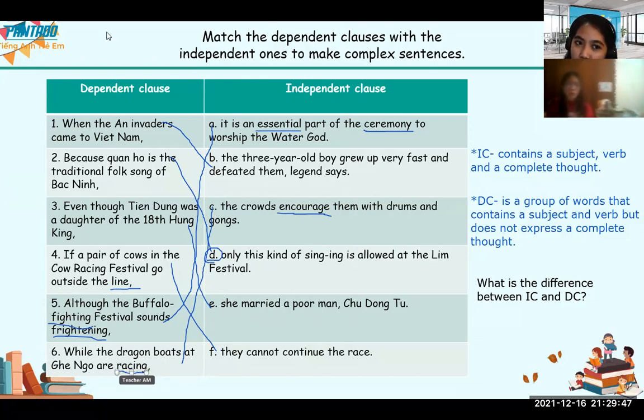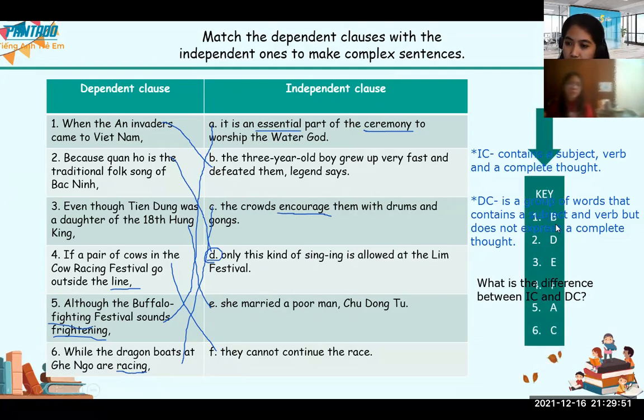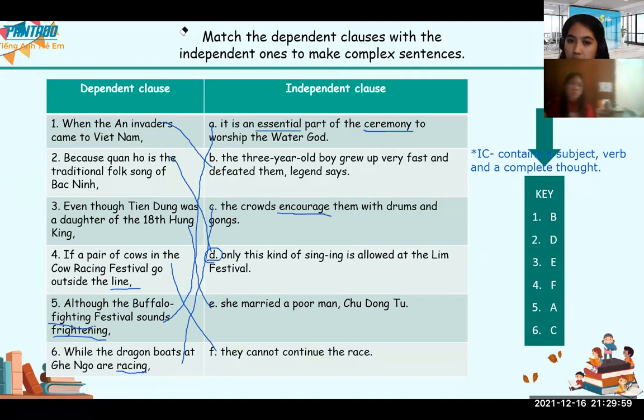So now let's check your answers if all of these are correct. Okay, so we have letter B. Let me erase this one first because I cannot see it. Okay, so for number 1, it's letter B. Very good. For number 2, it's letter D. Dog. Where is dog? Very good, Ngok.